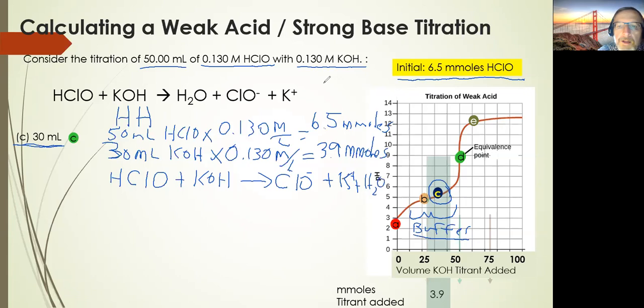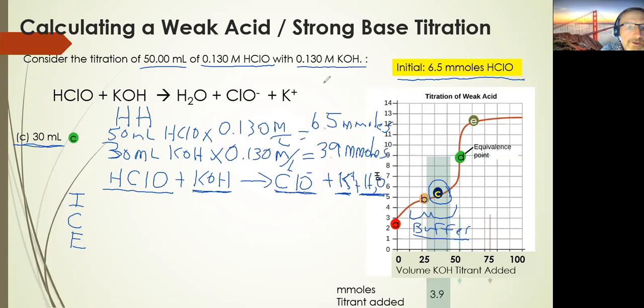We're not going to worry about the H2O because we know from prior discussions that H2O is considered to be constant and is not included in these calculations. And so we're going to calculate using our ICE table, which is initial, change, and equilibrium.